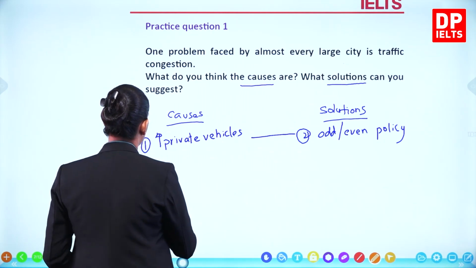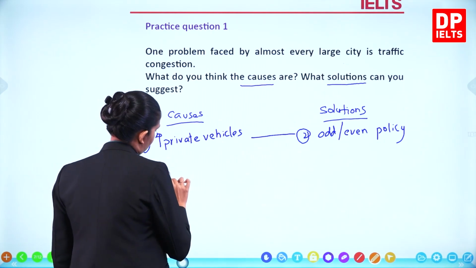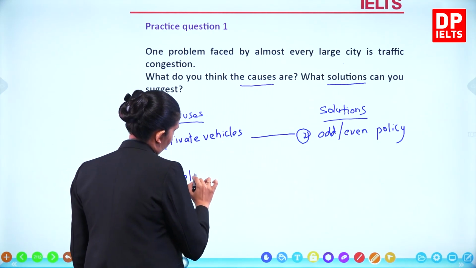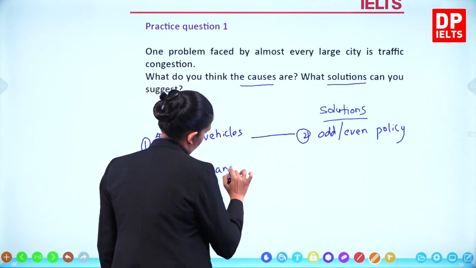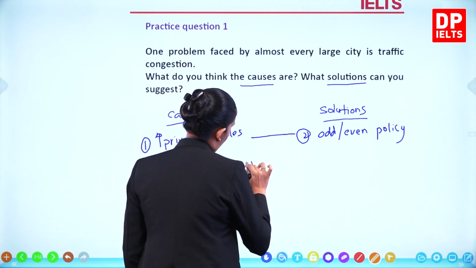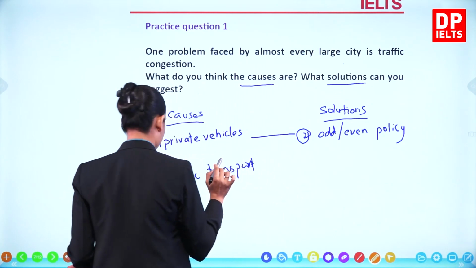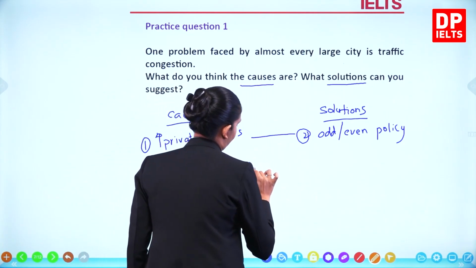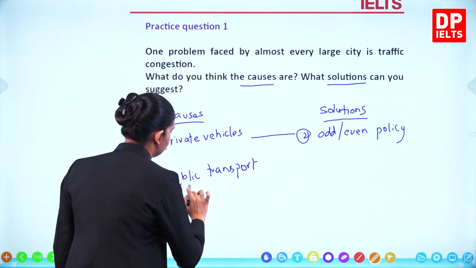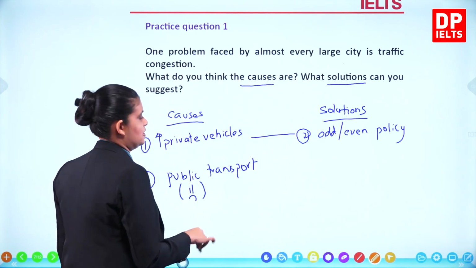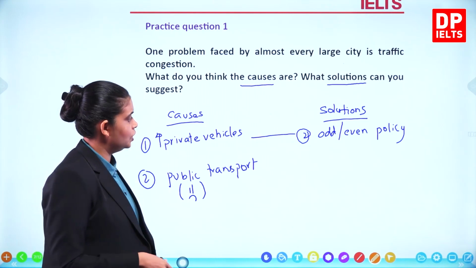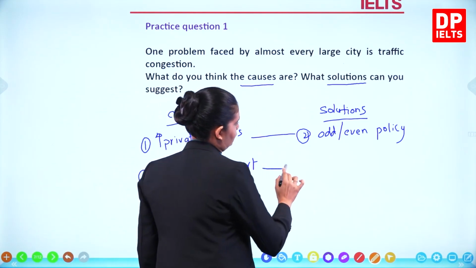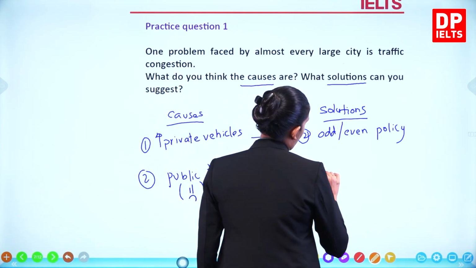Another cause could be the public transport not being that comfortable. Okay, so public transport. Let me just get the spellings right there. Might not be that good. Unhappy faces. Not that good. So what can you do actually? What are the solutions?